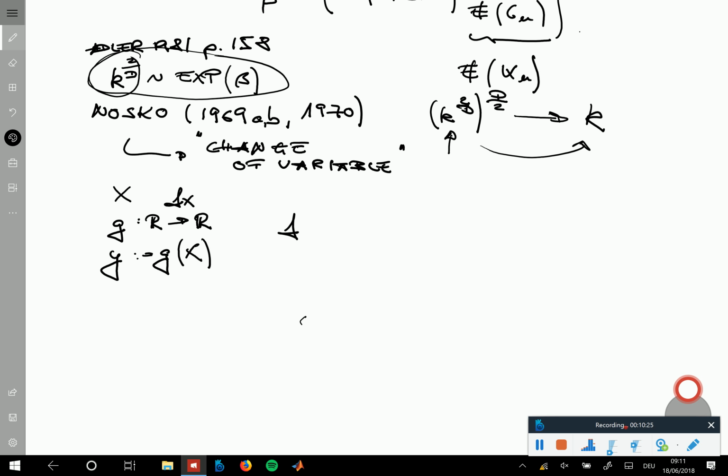Then the probability density function of y can be computed in the following way. It's the probability density function of x, which you know, at the location of the inverse of the function g.